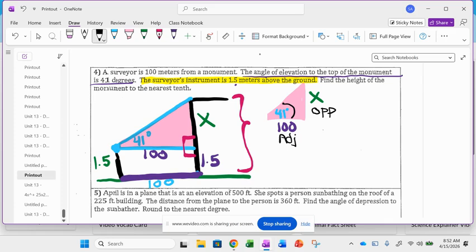So if I'm going back to SOHCAHTOA, which one should I use for opposite and adjacent? TOA. Then I have to ask myself, what is the T in TOA? Tangent. So we're going to say the tangent of 41 is equal to the opposite side, which is x, over 100.